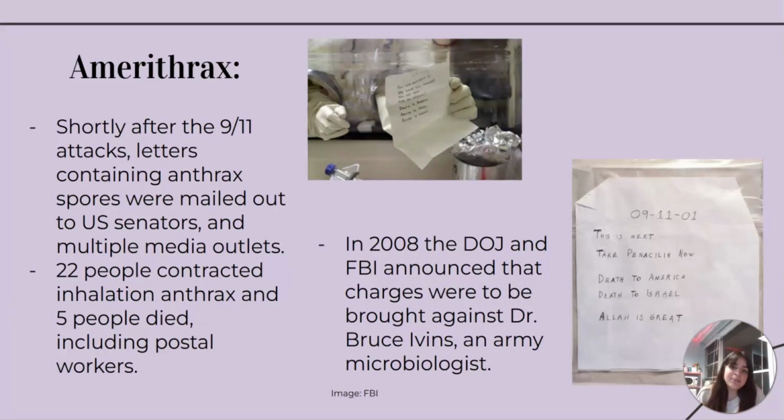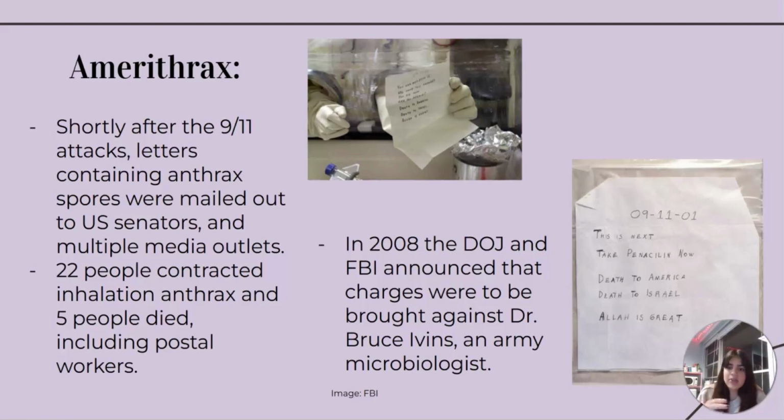In 2008, the Department of Justice and the FBI finally announced that they were going to bring charges against a Dr. Bruce Ivins. However, before the charges were able to be brought against him, or even before they announced this, the Army microbiologist Dr. Bruce Ivins had already committed suicide.